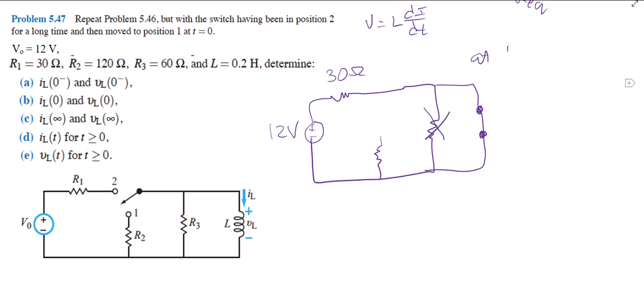So at t equals 0 minus, we really have a very simple circuit. We just have a voltage source and a resistor. And the current through the inductor is the current in that circuit.